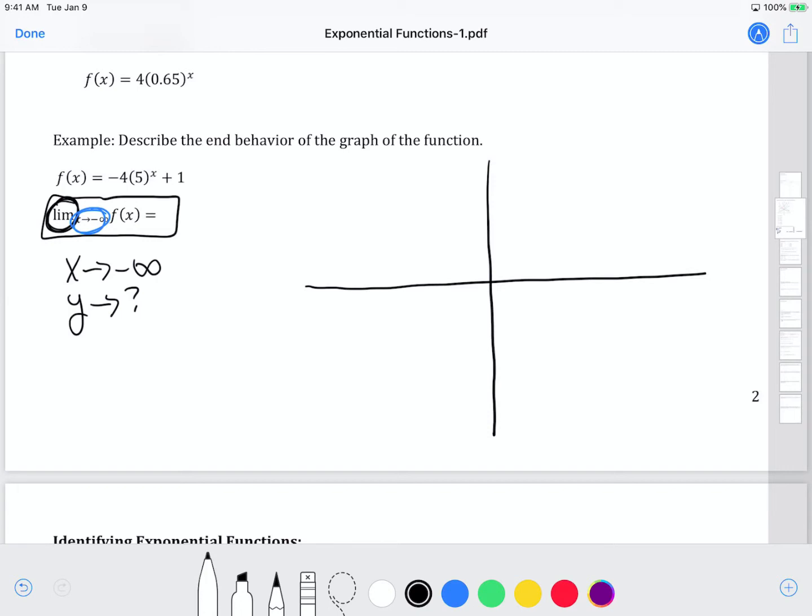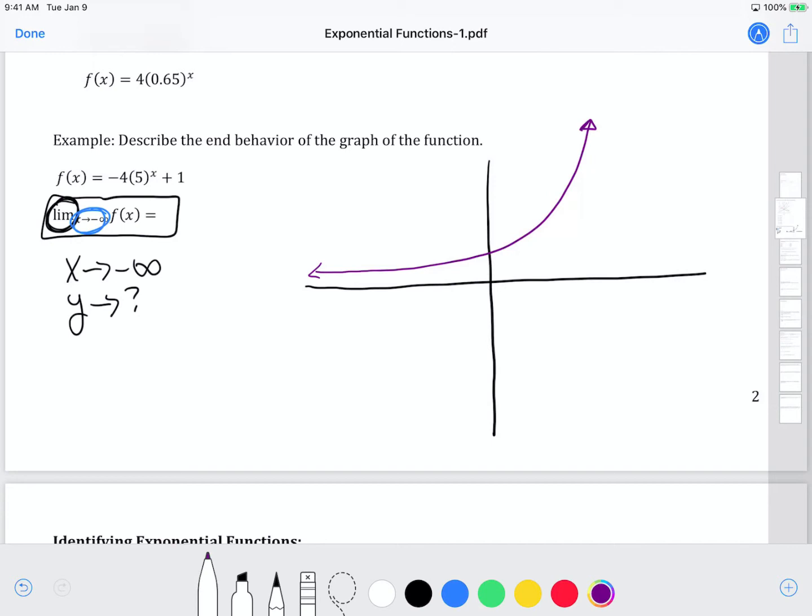Okay, so first we're going to look at the mother function, 4 times 5 to the x. The negative in front tells me there's a reflection, and then the plus 1 tells me that there is a vertical shift up. We've got to think back to our graph shifting rules. So the mother function would be considered 4 times 5 to the x. So let's graph that first. There's going to be a horizontal asymptote at y is equal to 0, so it's going to flatten out here.